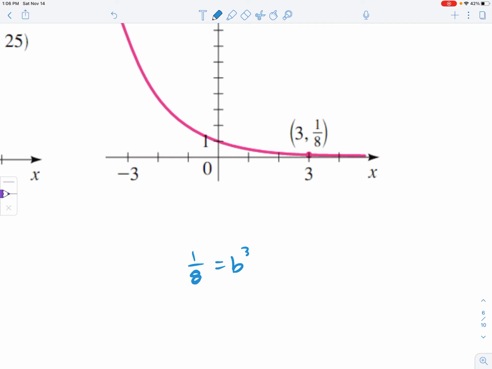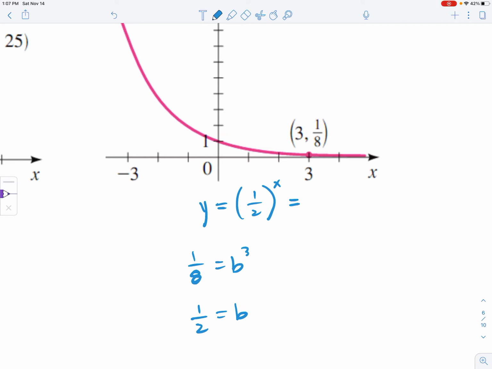So b, if we took the cube root of each side here, we would get 1/2. So the equation that would describe this graph would be 1/2 to the x power. And you do need that parentheses.